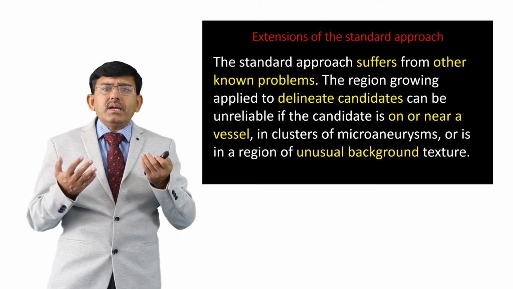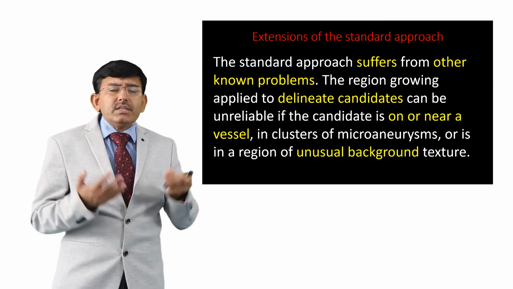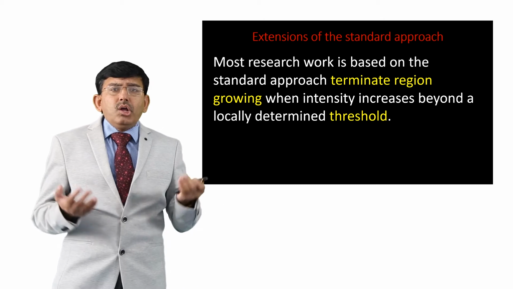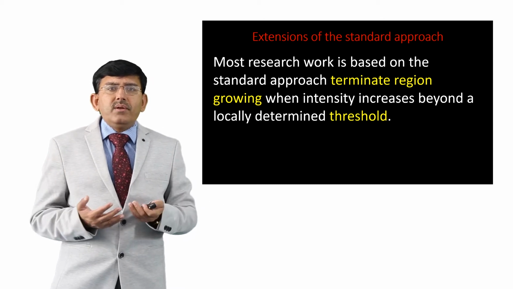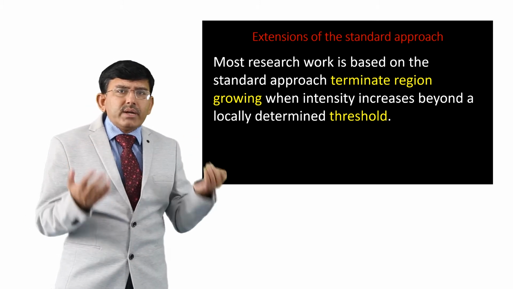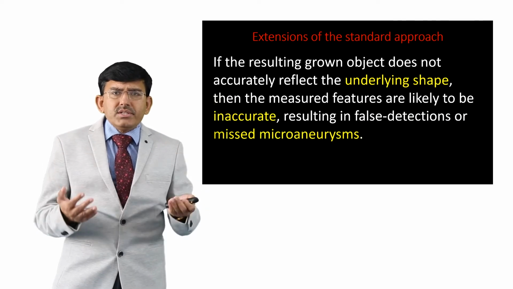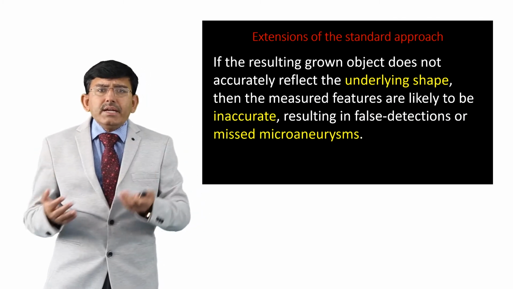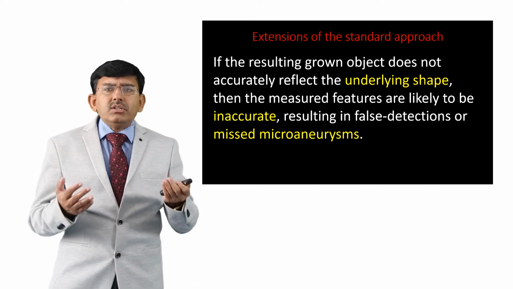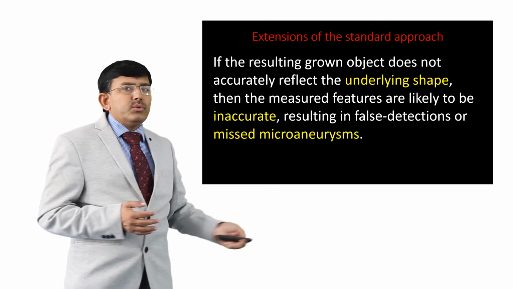Most research work is based on the standard approach, which terminates region growing when intensity increases beyond a locally determined threshold. If the resulting grown object does not accurately reflect the underlying shape, then the measured features are likely to be inaccurate, resulting in false detection or missed classification of microaneurysm.